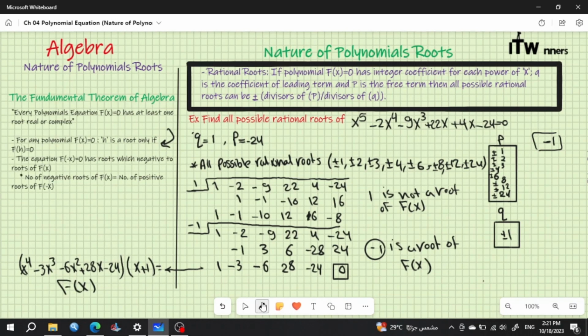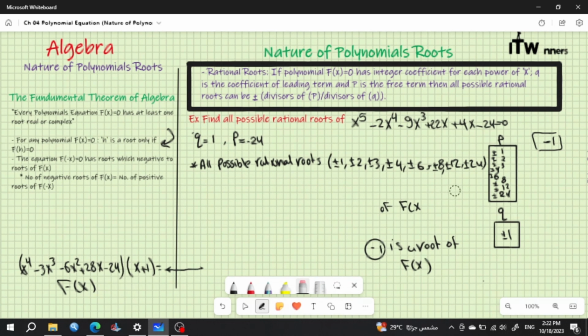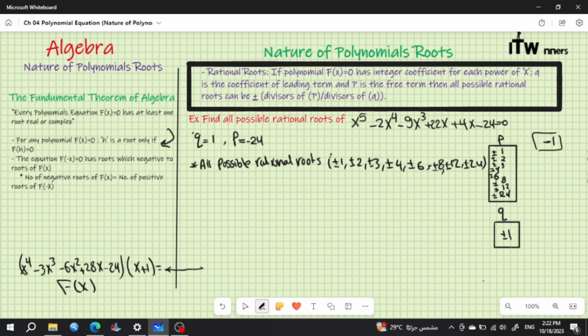Okay, so just clear this and continue to the next possible roots. Here we have plus or minus 2. So let's start with 2. And here we want to start again with the polynomial equation f of x.